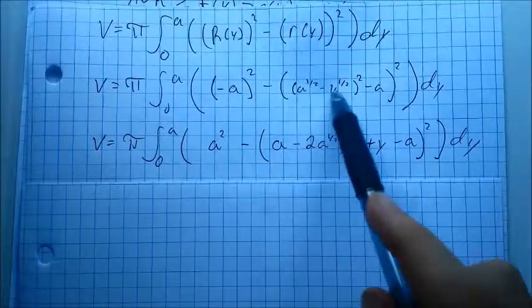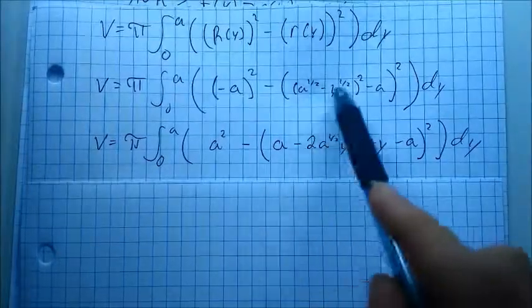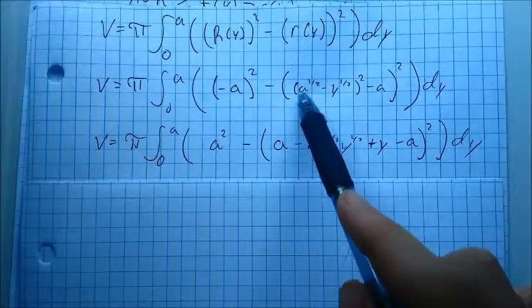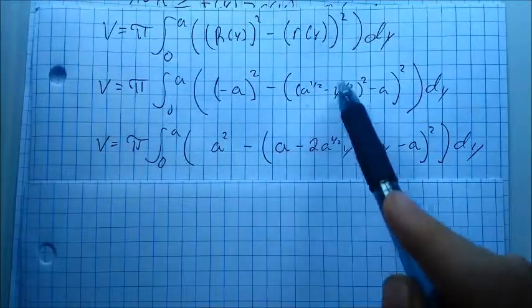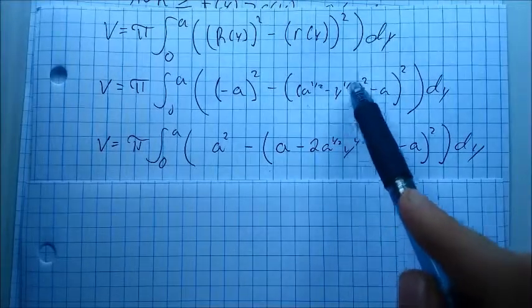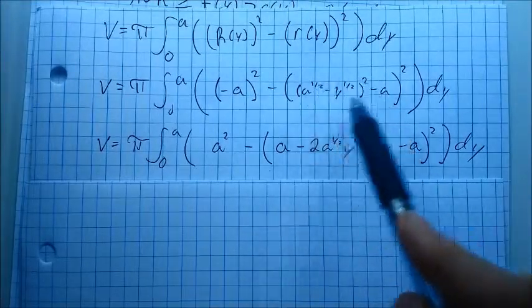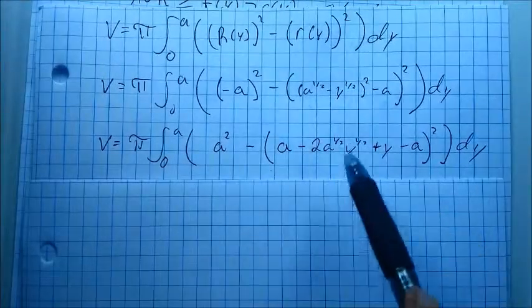Here, I'm going to FOIL out this inside binomial here. So I have a to the 1/2 squared is just a, and then we multiply and double. So negative y to the 1/2 times a to the 1/2 times 2 is negative 2 a to the 1/2 y to the 1/2.